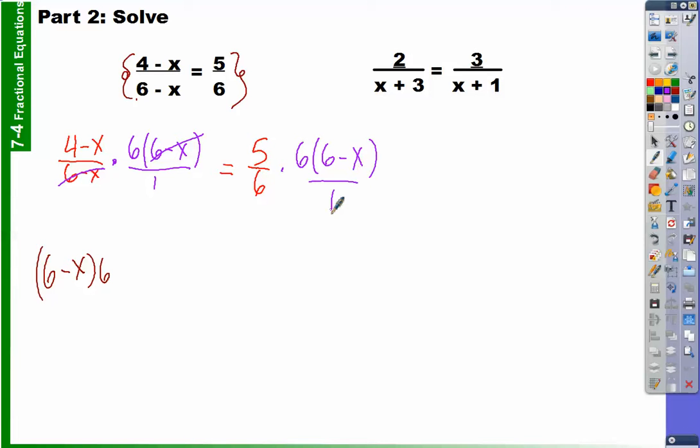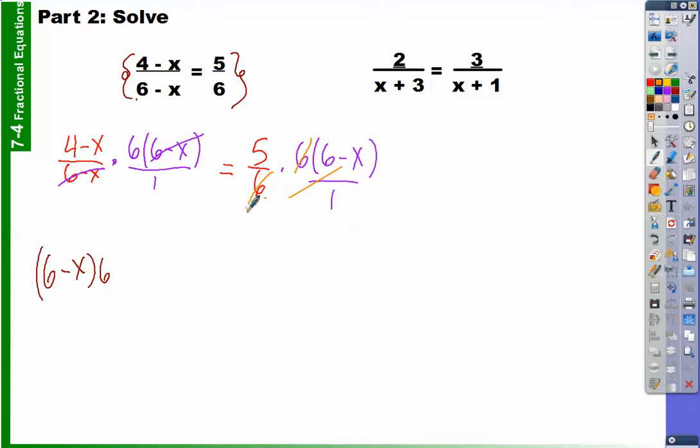And the reason why we're allowed to do this is because, to solve a linear equation, you can multiply, divide, add or subtract anything you want to one side of an equation as long as you do the exact same thing to the other side. In this case we're multiplying 6 times the quantity 6 minus x to both sides of my equal sign. Well, do I have a common factor here that I can reduce? 6. 6 divided by 6 is 1.